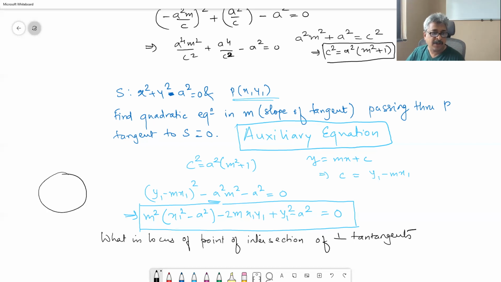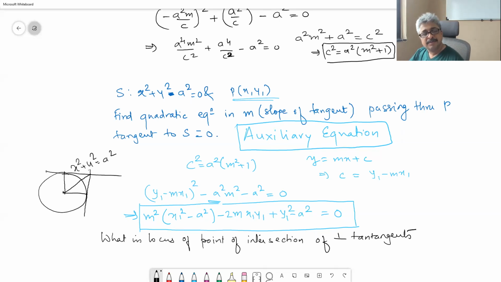I have been given a circle, x square plus y square is equal to a square, and if I want two tangents to be perpendicular to each other, I mean, school method is this, root 2 times radius. Yes or no? That is our school method.